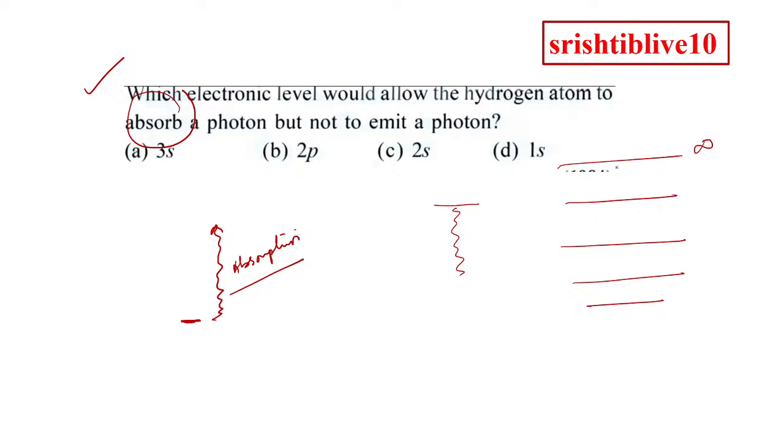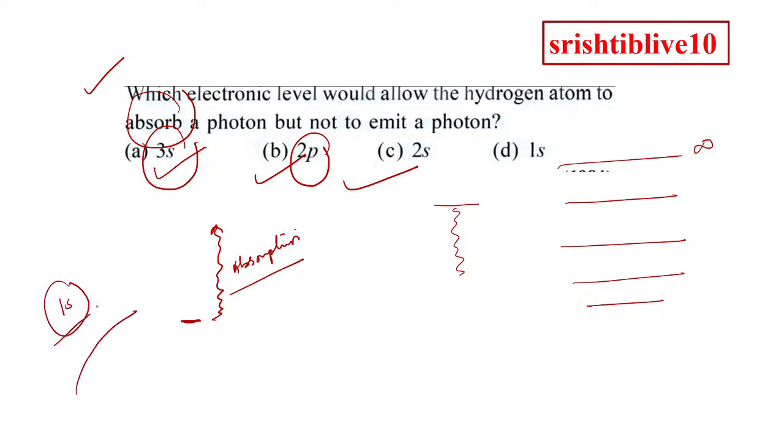So if we have infinite energy levels, then definitely absorption is possible for every electron present in any orbital, if it's present above the nucleus. If it's present right above 1s, because we know in the first level we have only 1s, emission is also possible.